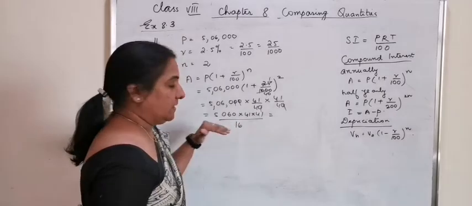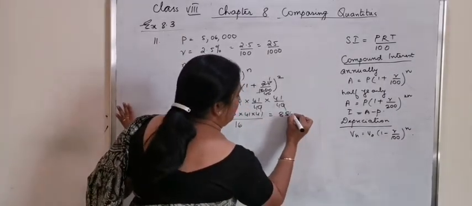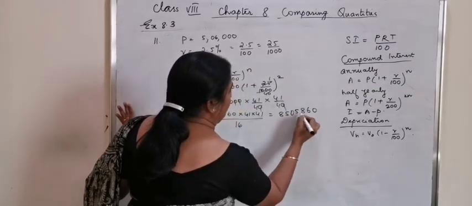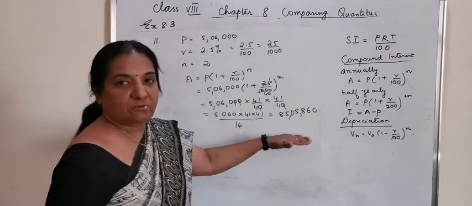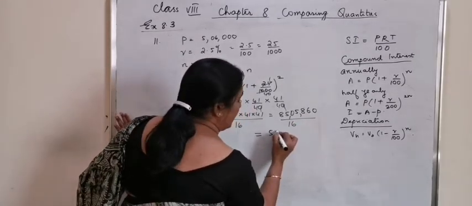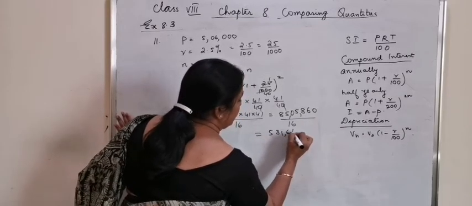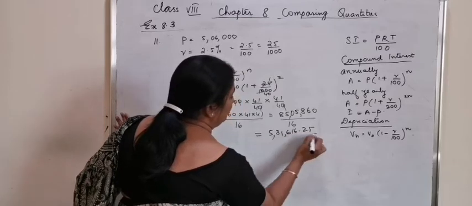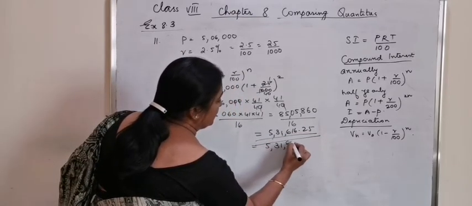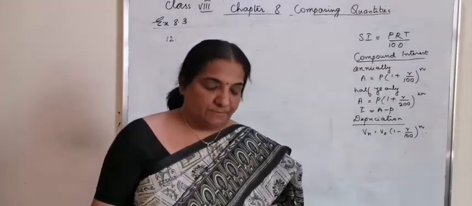When you multiply, you will be getting it as 85 lakh 5,860 divided by 16, which is 5,31,616.25, or it can be taken as 5,31,616.